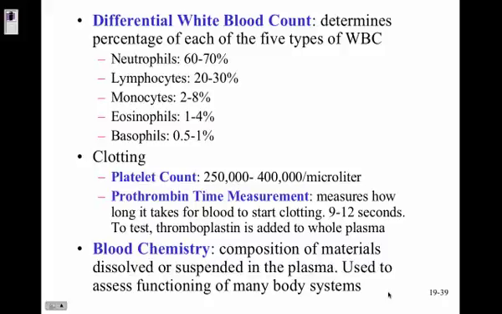What they did, and I still have scars from it, is they took two little razors and clipped your skin. So I have two little marks here where they opened up your skin, and then they took circle filter paper and every 2 seconds they would dab it on the blood, and they timed how long it would take to clot. I don't know if they do that anymore or not.